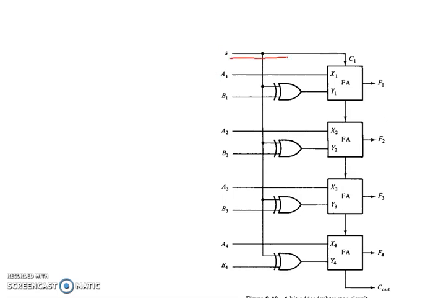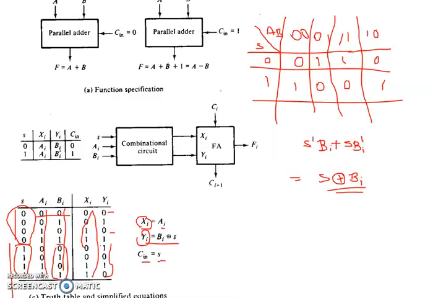That is, S will be given as an input to this C1 or Cin. So this is a full adder circuit. Since it is a 4-bit circuit, we need to have 4-bit full adders. And x1 means it will be taking the input directly from a1, x2, x3, x4 will be taking inputs from a2, a3, a4 respectively, and then related to this yi, it will be taking the input from bi.